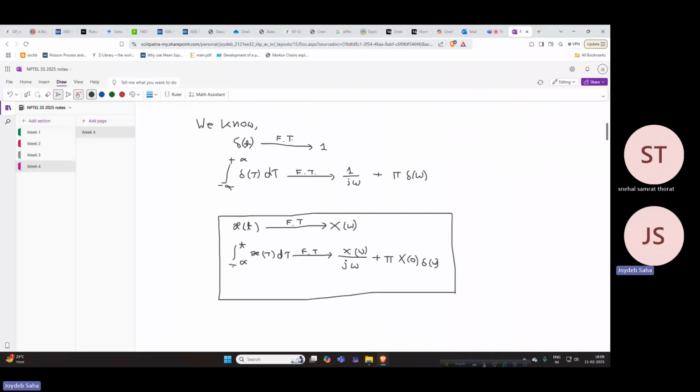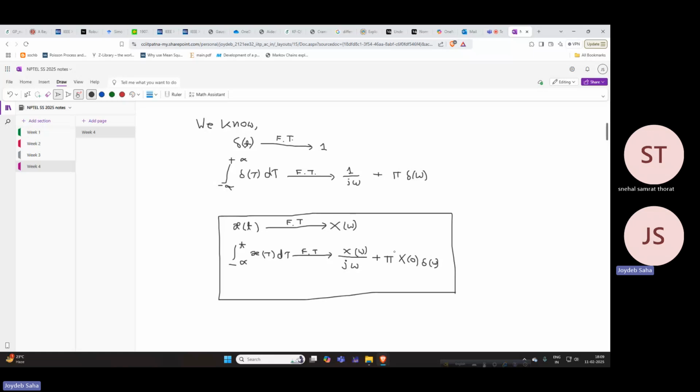Okay. So this is the integral formula of Fourier transform. So using this formula, we can write X(omega) is 1. So 1 upon j omega, pi is here. What is X(0)?